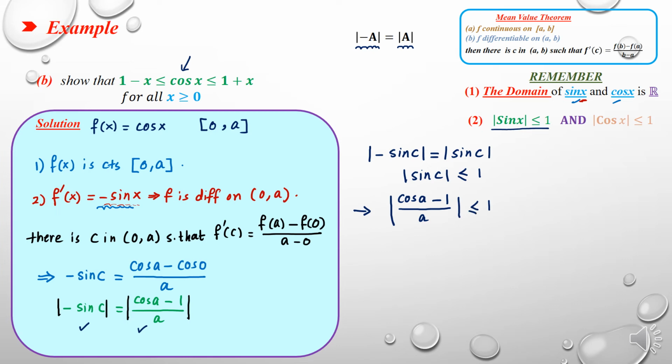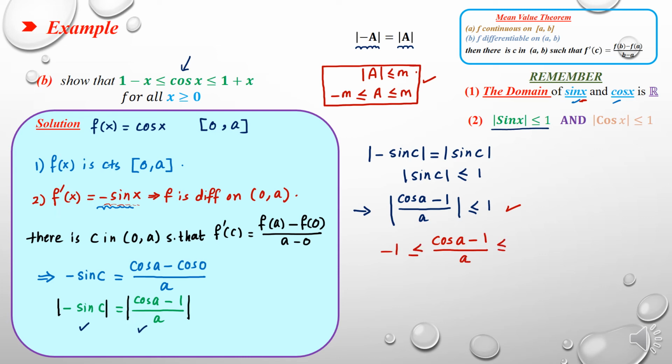One of the properties of absolute value is that if we have the absolute value of A less than or equal to m, this means that A is greater than or equal to negative m and less than or equal to m. So if we use this note for this inequality, you will see that cosine a minus 1 over a is greater than or equal to negative 1 and less than or equal to 1.